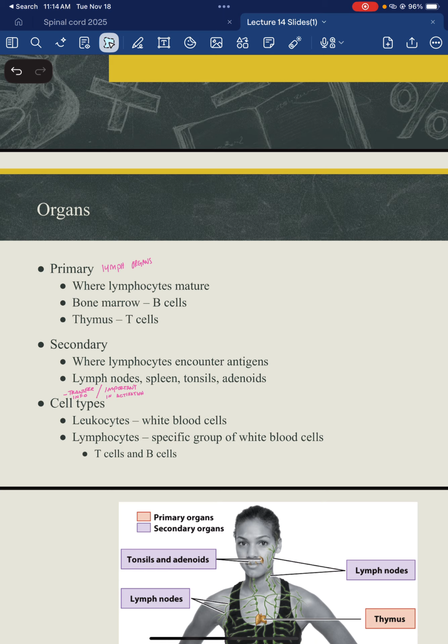Other ones could be your appendix. Your appendix is one that for a long time was thought to have no purpose. Now we know that it actually houses a bunch of beneficial bacteria and can allow a repopulation in the event of a die-off. There are some remnants of old secondary organs that exist in our kidneys.